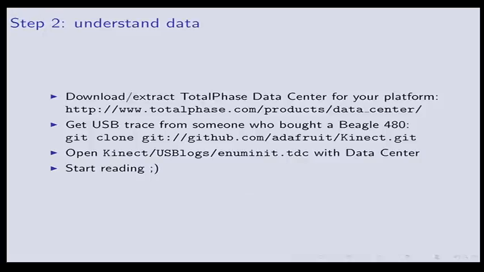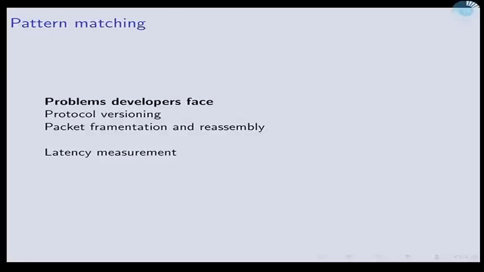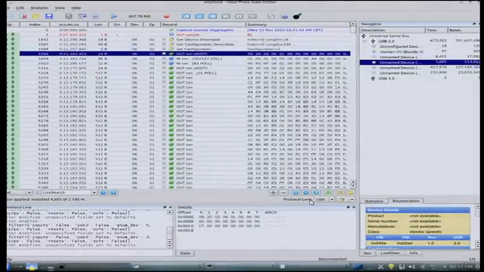But so we can open this, and then we can start reading through all of the transfers. So I have this open over here. It's probably completely illegible from however far back you folks in the back row are. But this is the data center with that packet capture opened and filtered for just the Kinect audio device.